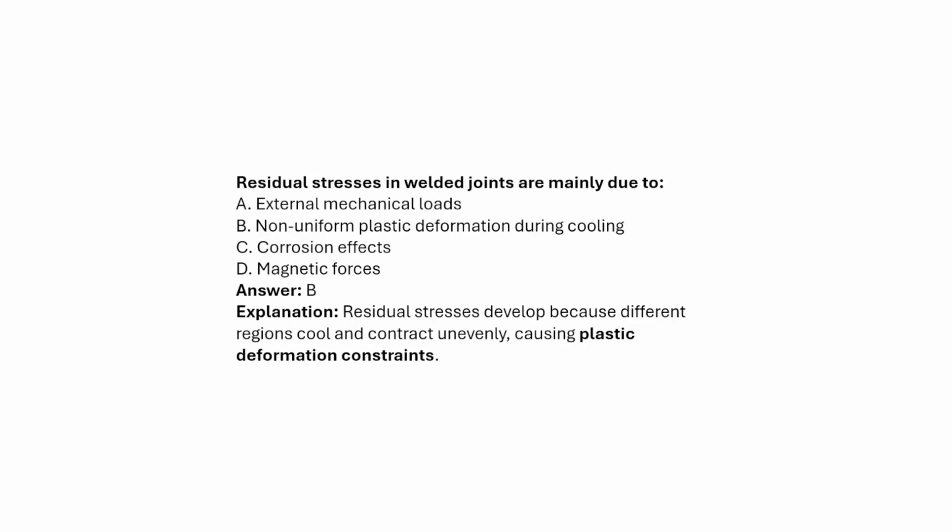Next, residual stresses in a weld joint are mainly due to: external mechanical load, non-uniform plastic deformation during cooling, corrosion effect, or magnetic forces. Which one is the answer? I think we have already seen it. Answer will be B, the non-uniform plastic deformation during cooling.